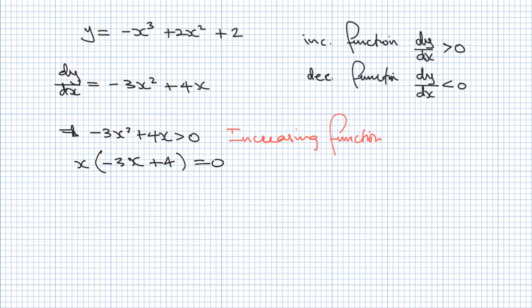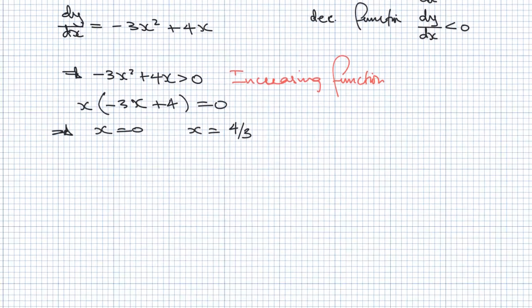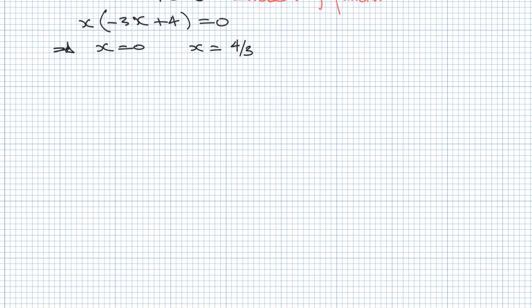I like drawing it because you can see why certain things happen. So anyway, this implies that x will be 0 and x will be 4/3 once you sort that out. Now I'm going to quickly draw this on a graph. Like I said, I love my graphs because I can see what's going on with that.